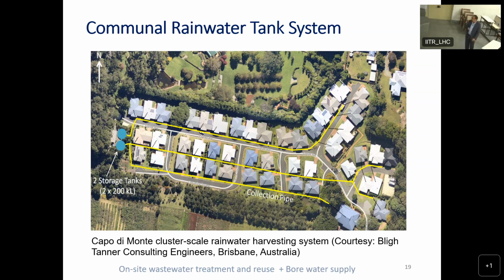So what they are doing is not only collecting the roof water, but they are also collecting all that wastewater. And close to that, there is a sump well where all that wastewater is coming and then it is being treated at the same location.